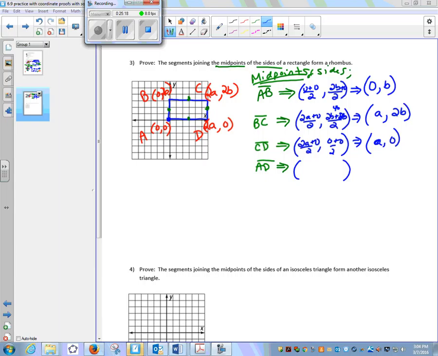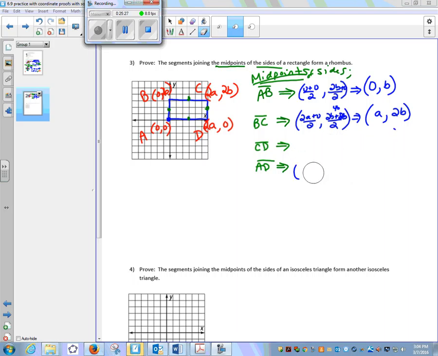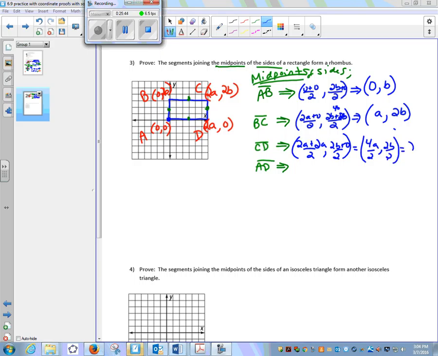I just did AD, didn't I? Sorry, I did AD instead of CD in this last one. So CD is 2a plus 2a over 2 and 2b plus 0 over 2. So that's 4a over 2 comma 2b over 2, which is just 2a comma b. And then the last one, AD, is going to be 2a plus 0 over 2 and 0 plus 0 over 2, and that's a comma 0.